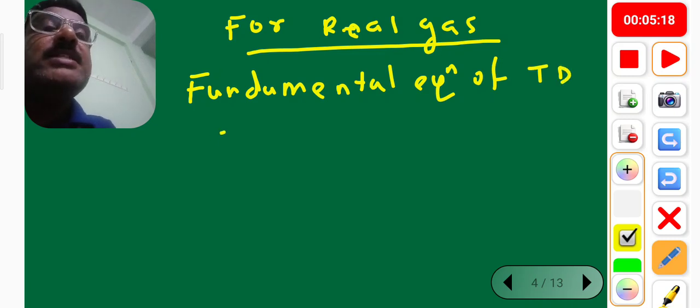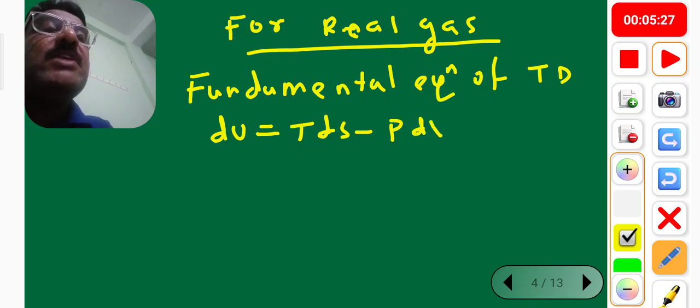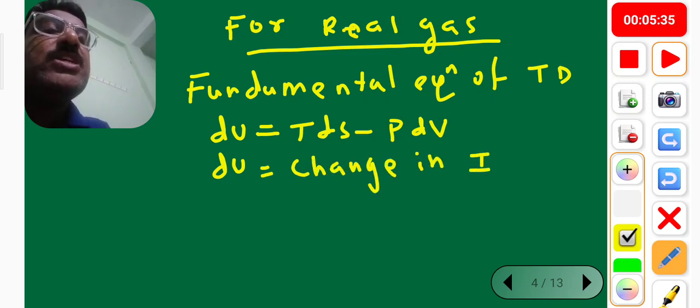What is it? It says that the internal energy change dU is equal to T dS minus P dV, where dU is the change in internal energy.